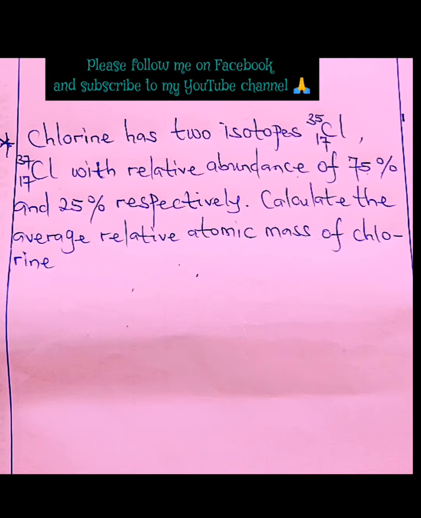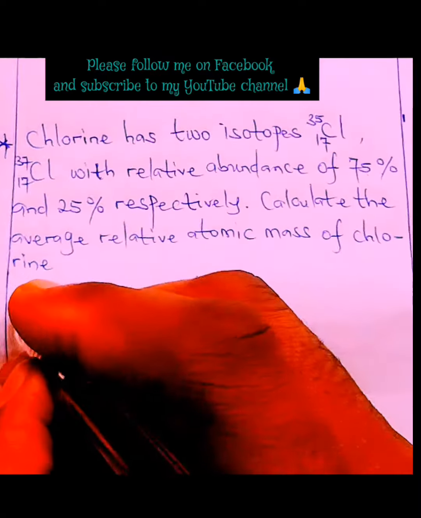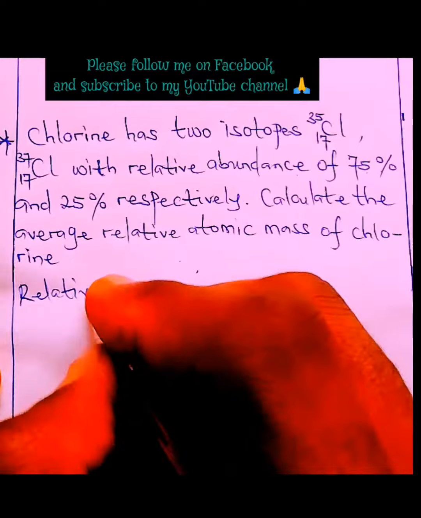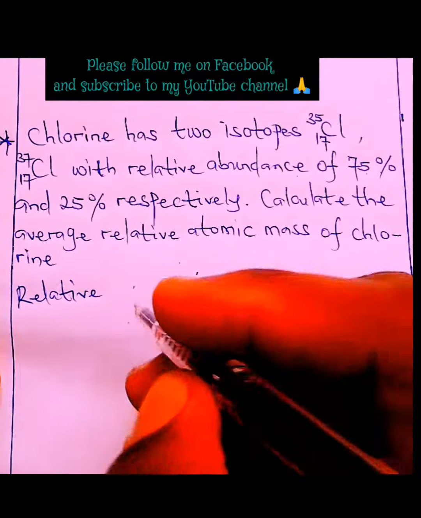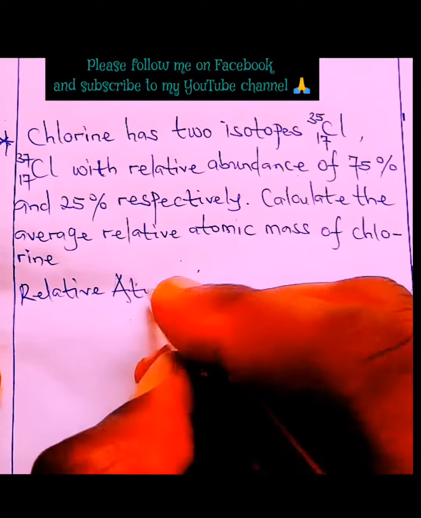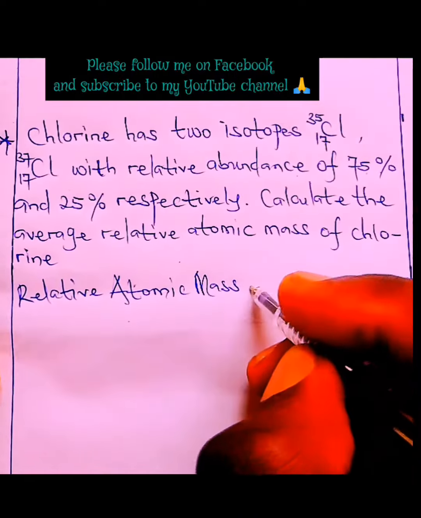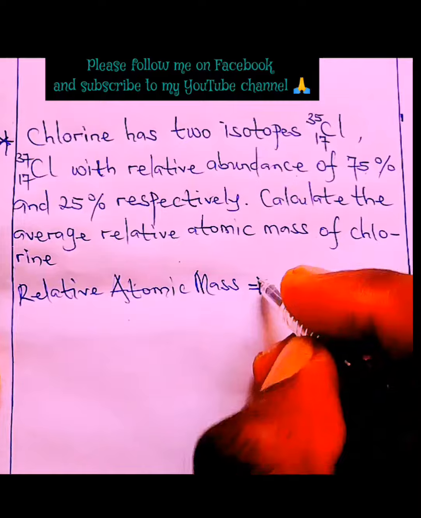Now, how do we get the relative atomic mass for this very given element chlorine using the relative abundance? Don't forget, a formula was given in our previous lesson, and that's why you have to go to that previous lesson. So for us to get the average relative atomic mass for a given element, what we have to do is simply this.